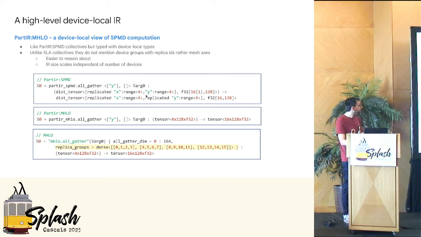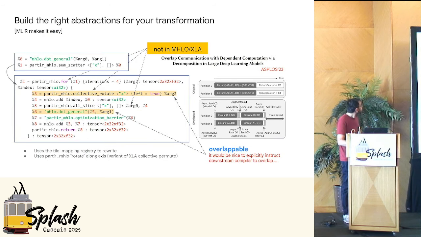There were optimizations that were easier to express if you knew the global denotation, and there are optimizations that were more convenient to express if you just had the local types. And this is a higher level variant of the XLA collectives that actually talk about device groups. So we introduced this higher level of abstraction at that point. And I just want to stand on this point for a little bit.